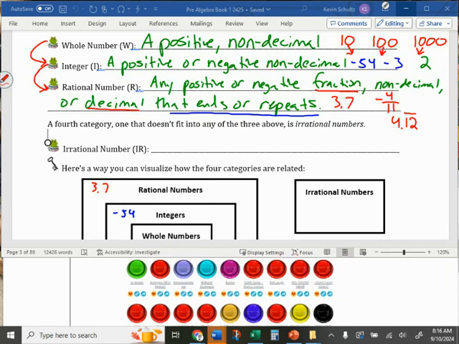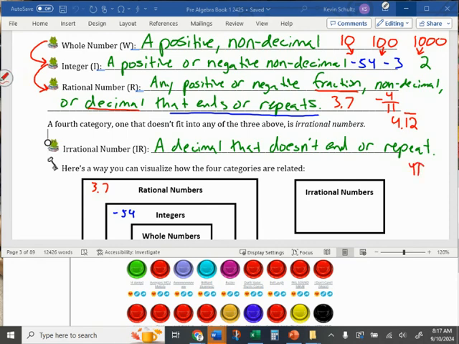It goes on for infinity, okay? A number like that would be irrational. A decimal that doesn't end or repeat. Okay? An example of that would be something like pi.